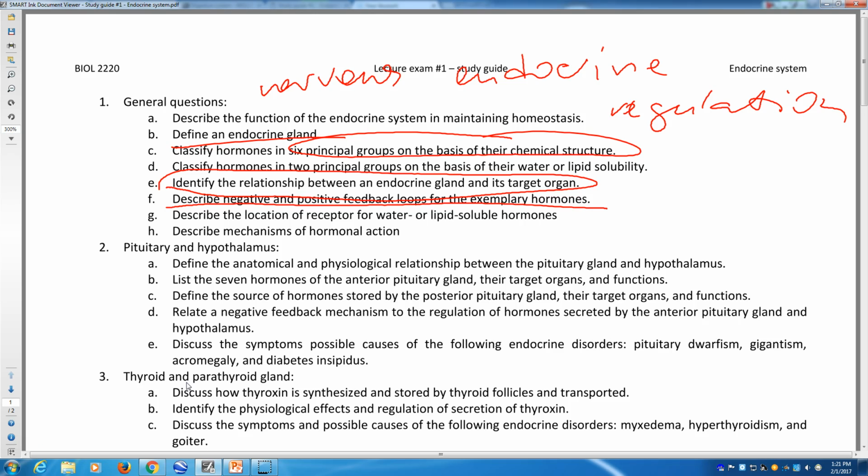Receptors for water-soluble hormones and signaling. I hope that those three mechanisms that we talked about: one mediated by G protein adenylate cyclase, one by phospholipase C, and one tyrosine kinase mediated.